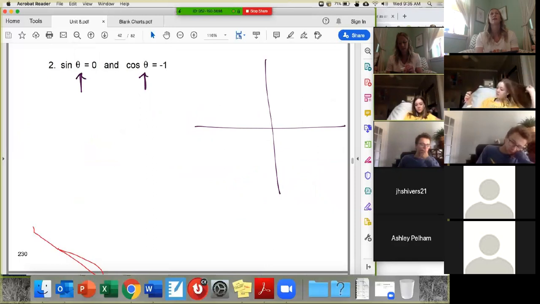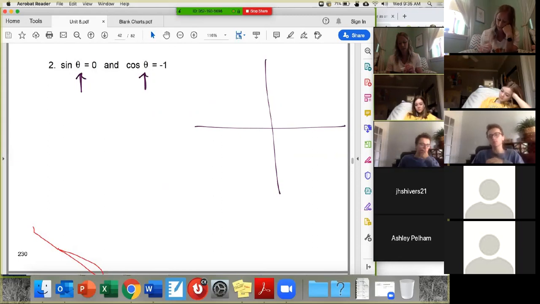If I look at my chart, first off, do I have a place where sine is 0 and cosine is -1? No, I don't have one for 0 and -1, but in my chart, I do have 0 and what? +1. Where does that happen? At 0, right here, 0 radians. My sine is 0 and my cosine is +1.